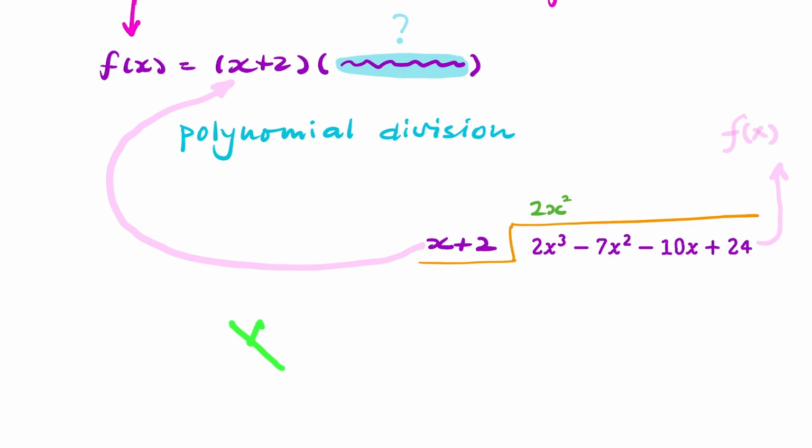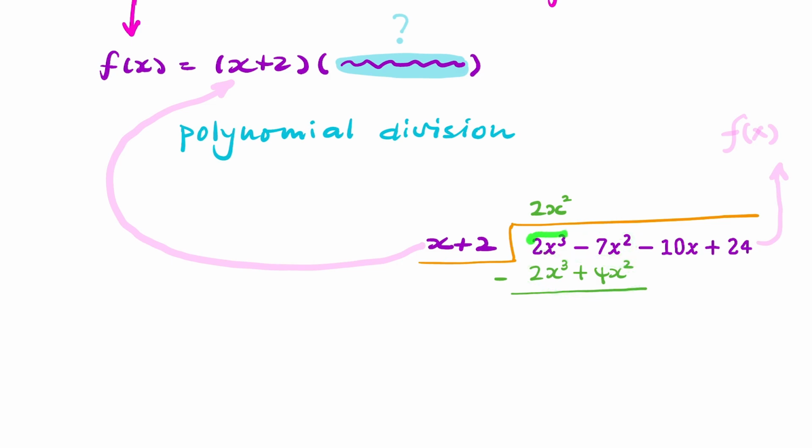You then multiply 2x squared by both of these, and you write that product here. So that will give you 2x cubed plus 4x squared. Then what you do is you subtract what you've just multiplied from this.